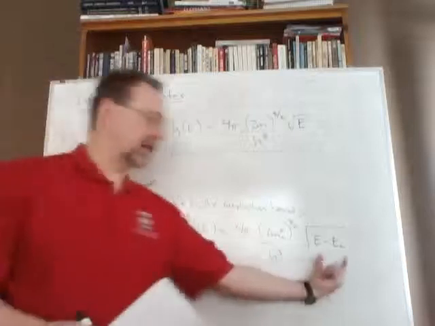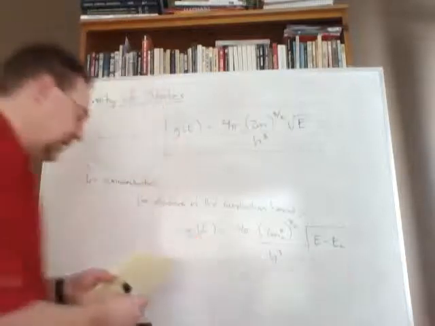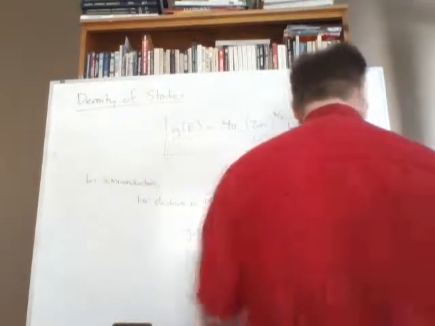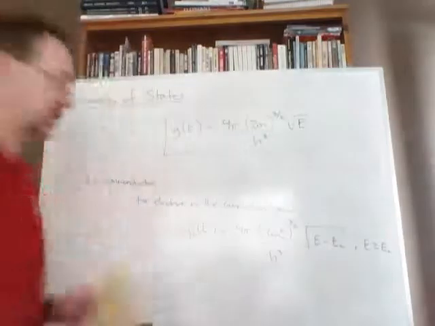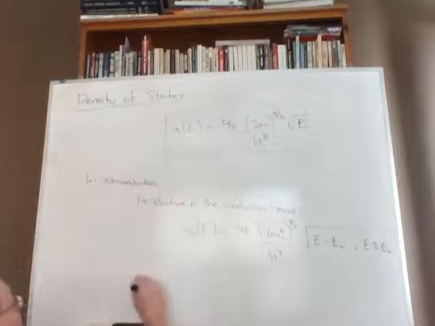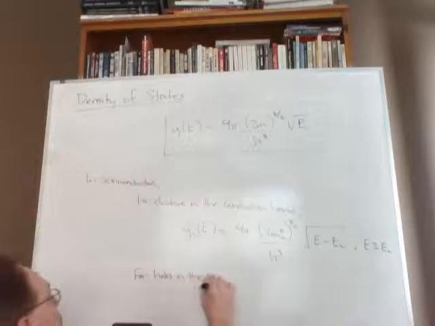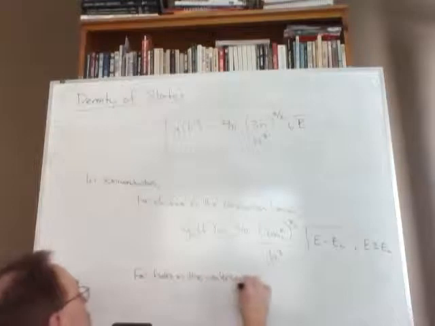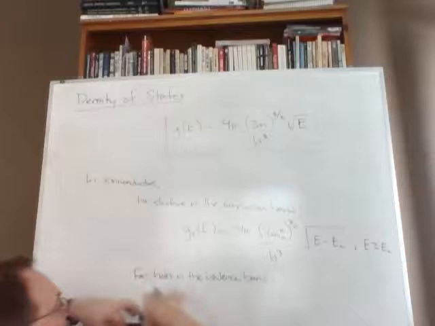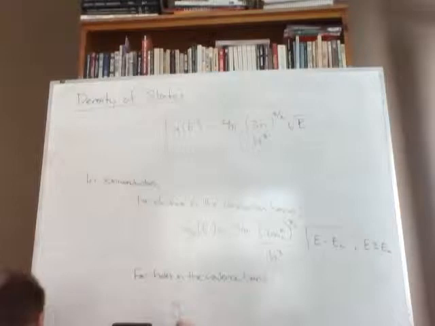Well, that's the net right there. And then, because in the conduction band, E is greater than or equal to the conduction band energy E sub c. And then for holes in the valence band, remember that the parabola there opens down.